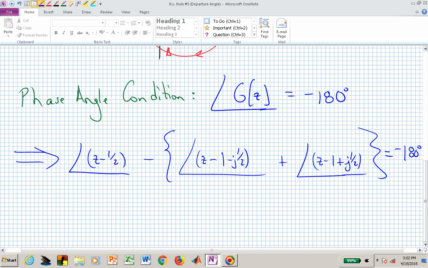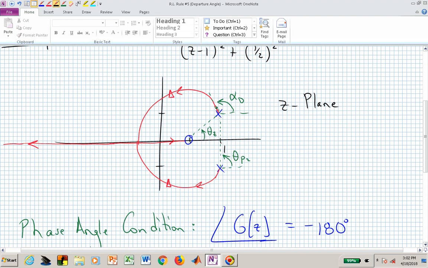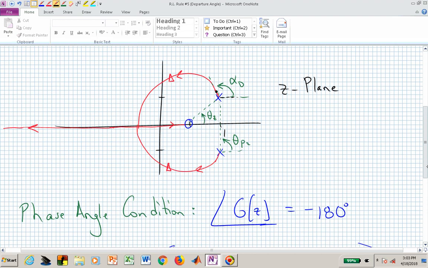If that point Z belongs to the root locus, then the angle of the zero factor, this factor Z minus 1/2, which we have labeled theta sub Z, minus the angle due to the upper pole, again measured from a point a very small distance away but still having an angle relative to the positive real line extended to the right of that pole, we could still measure that angle.